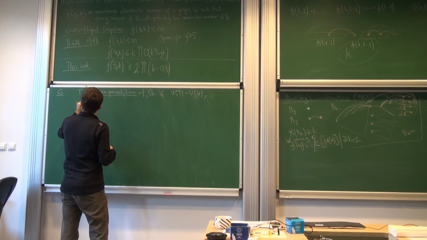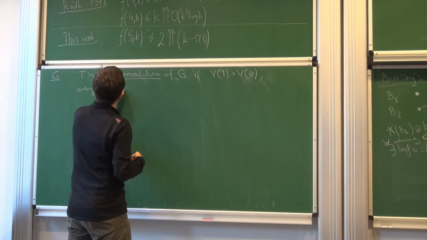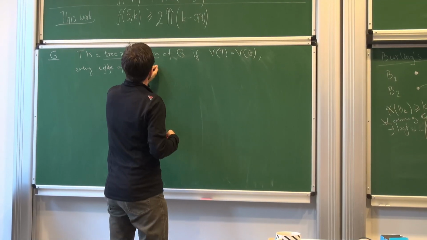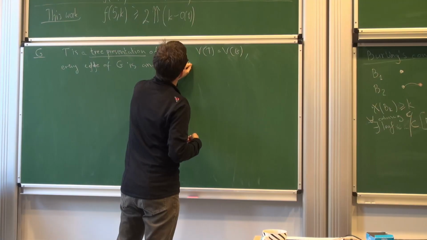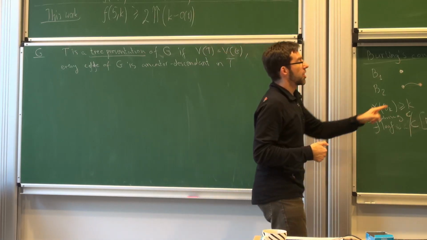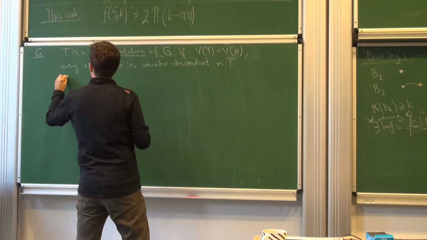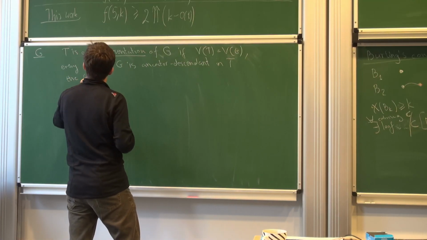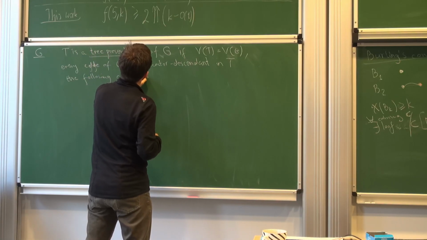every edge of G is ancestor-descendant in T, just like here. And third, the following are excluded.